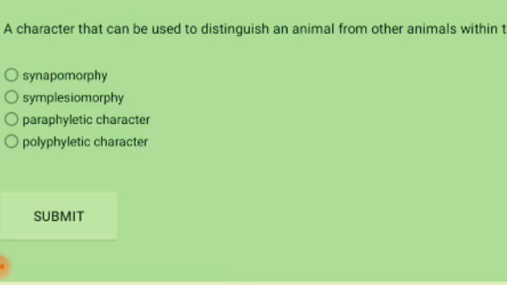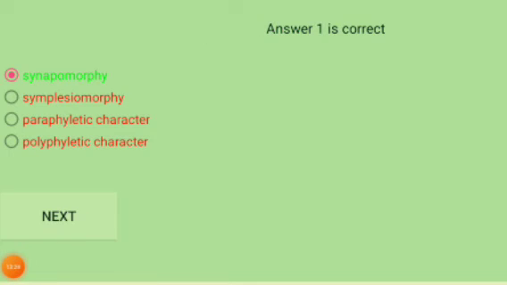A character that can be used to distinguish an animal from other animals within the group is called option A synapomorphy, B symplesiomorphy, C paraphyletic character, D polyphyletic character. Synapomorphy.